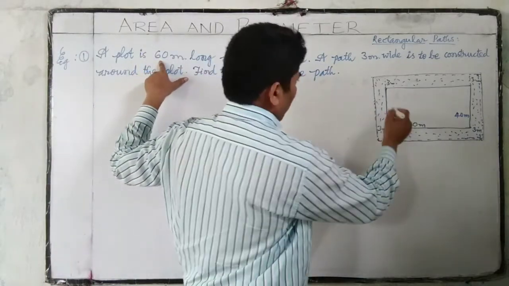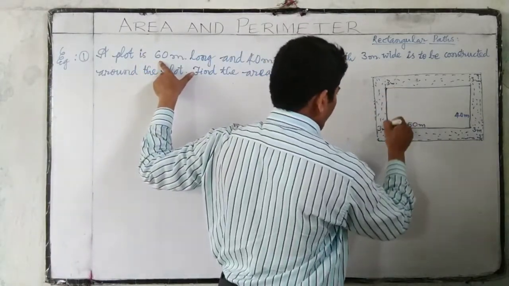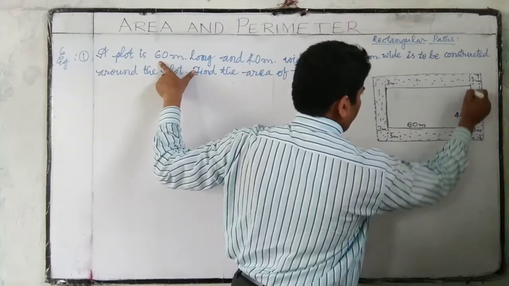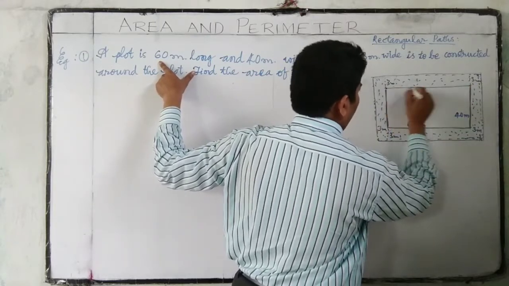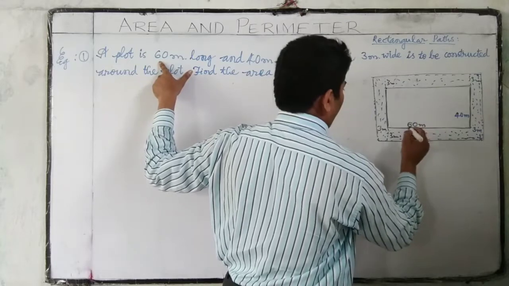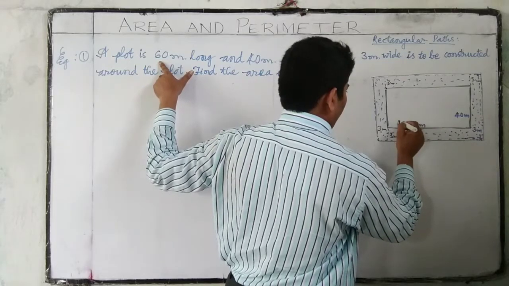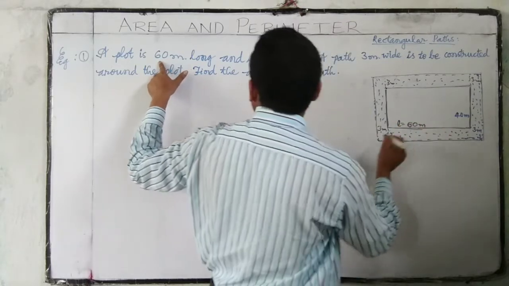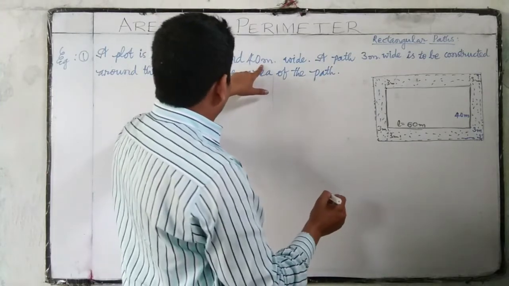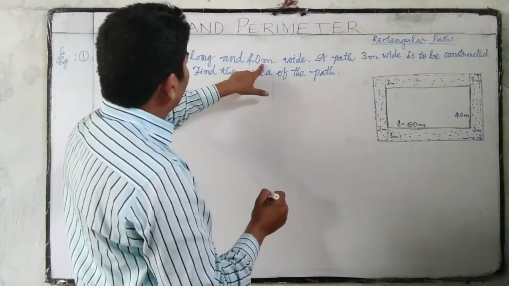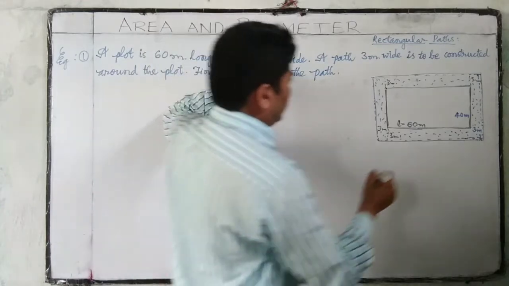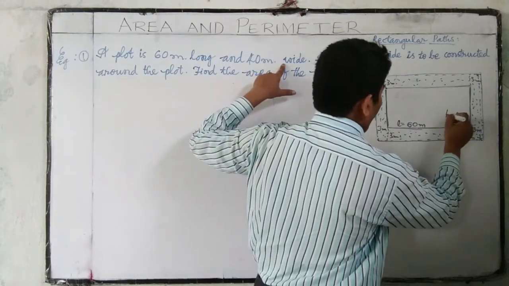So this is the plot. 60 meter long, so we can call this small l, length, and 40 meter wide, we can call breadth, small b.